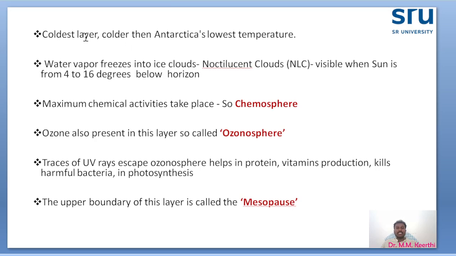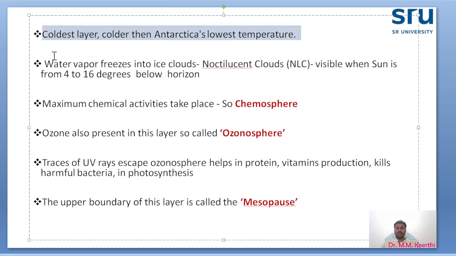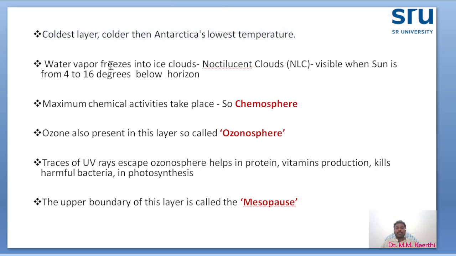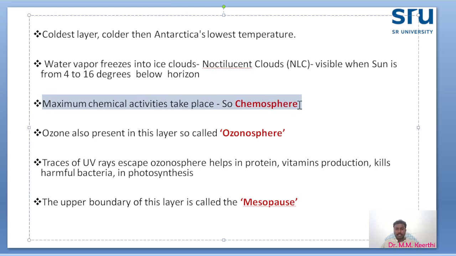This is the coldest layer, colder than Antarctica's lowest temperature. Water vapor freezes into ice clouds. These are noctilucent clouds (NLC), visible when the sun is 4 to 16 degrees below the horizon. And another very important point: in this mesosphere region, chemical activities occur more.